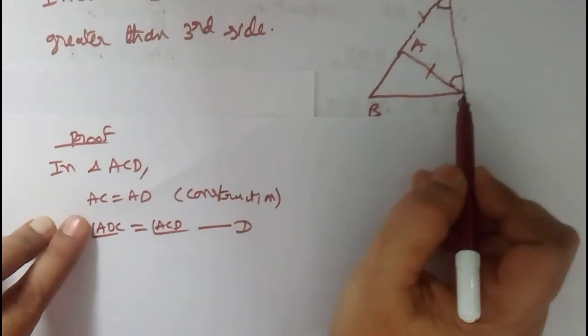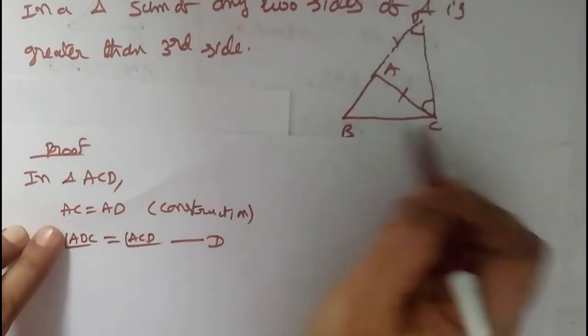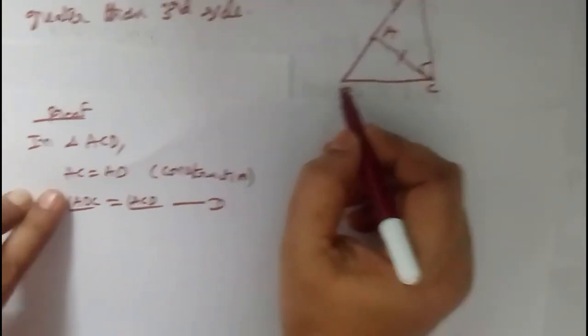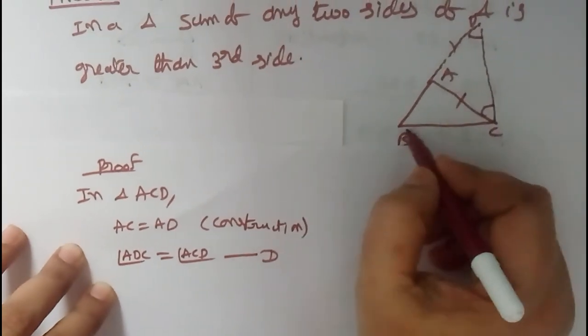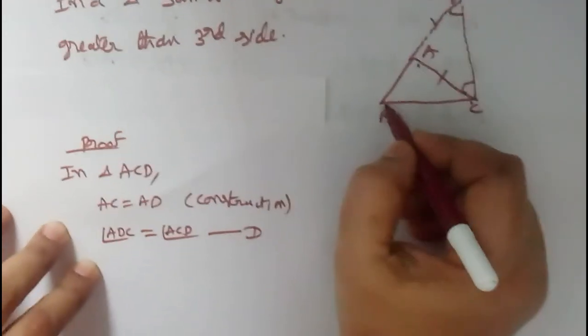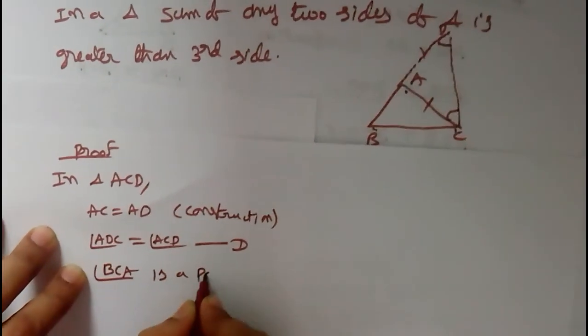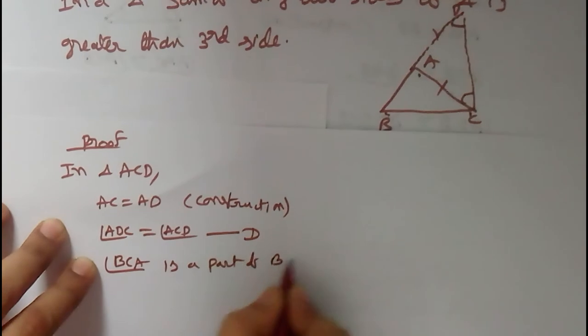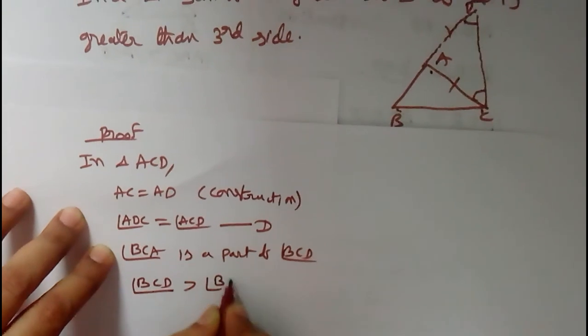Here if you observe, BCA is a part of BCD. Angle BCA is a part of angle BCD. So angle BCD is greater than angle BCA.